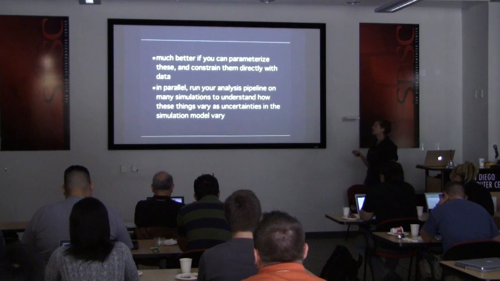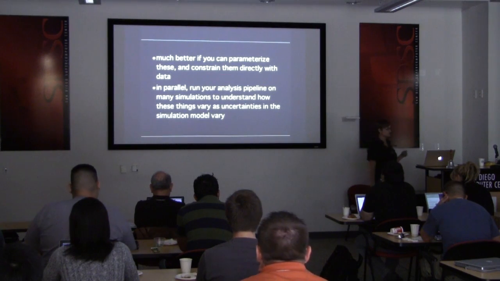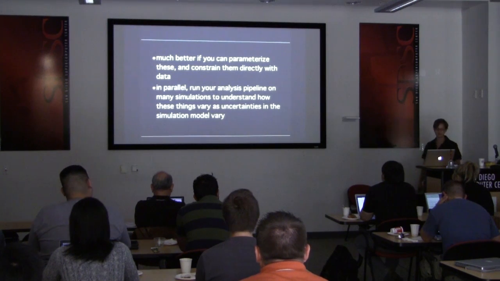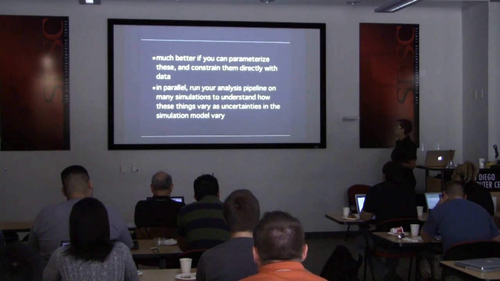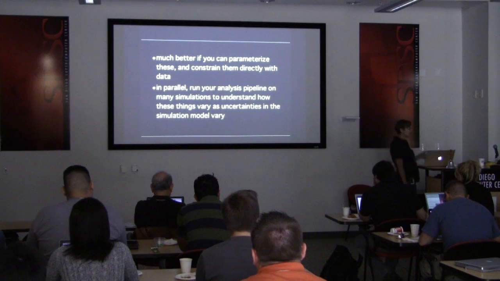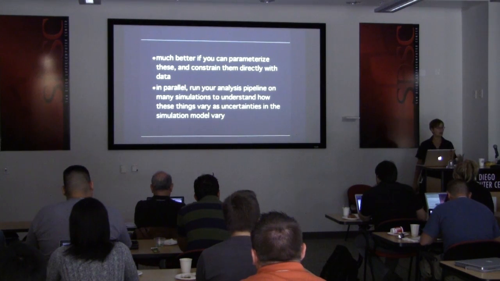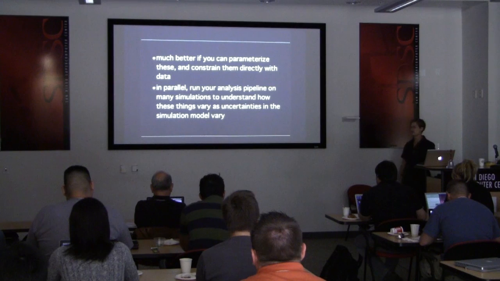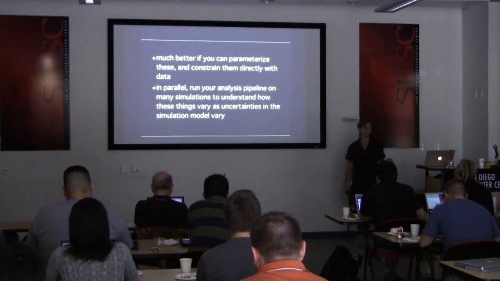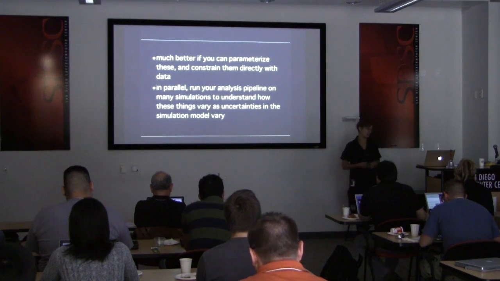So it's much better if, instead of assuming these things from the simulation, you can parameterize them based on what you learn from simulations and directly constrain those parameters with data. And then in parallel, run your analysis pipeline on as many simulations as possible where you vary your uncertainties in systematics to understand whether this parameterization is robust.